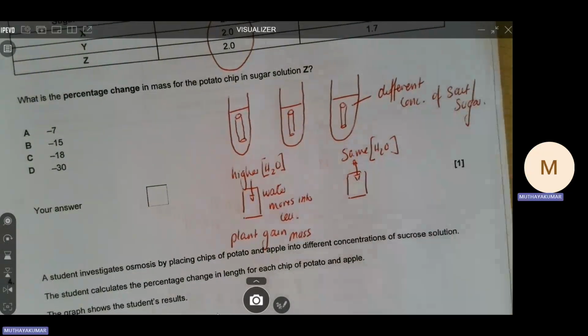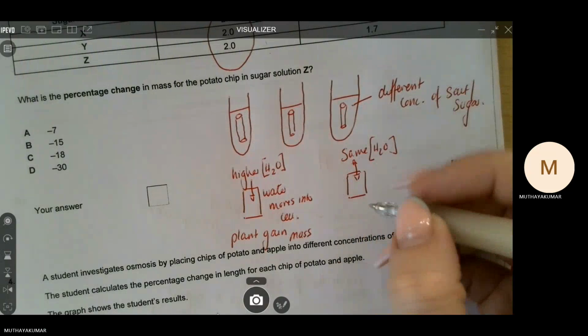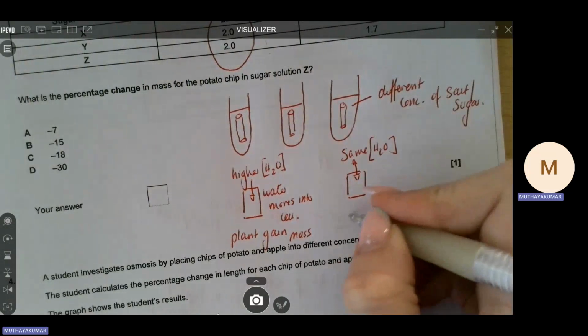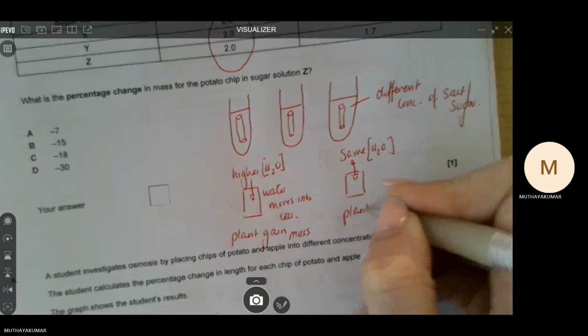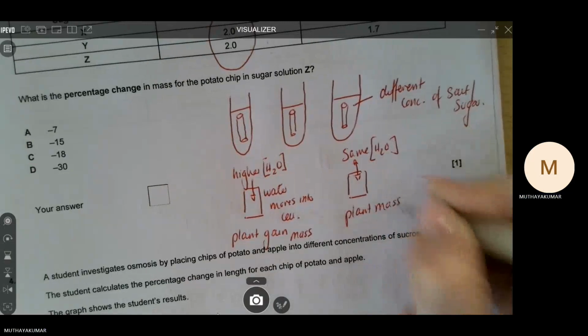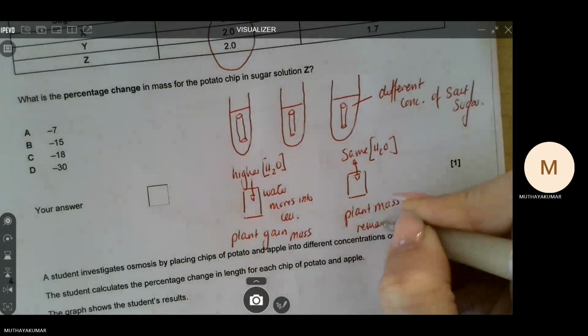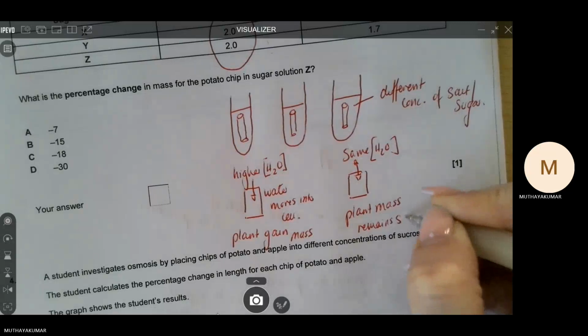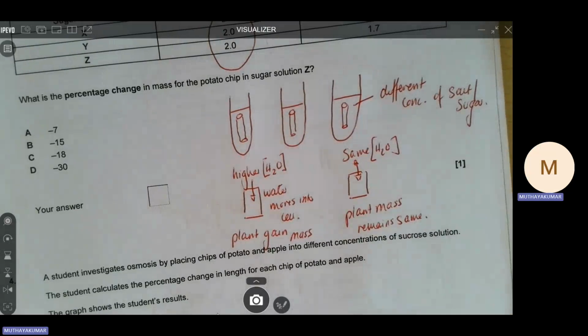Okay, so equal movement. And that means that my plant mass remains the same. So it is not going to change its mass.